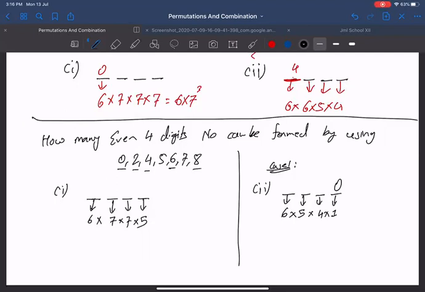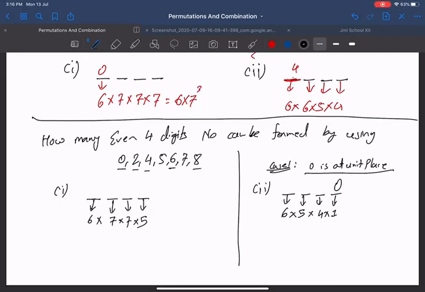ठीक है. Case 2. Sir, एक second, can you repeat? Case 1, when 0 is at unit place. वो कैसे करने का? You want me to repeat it?